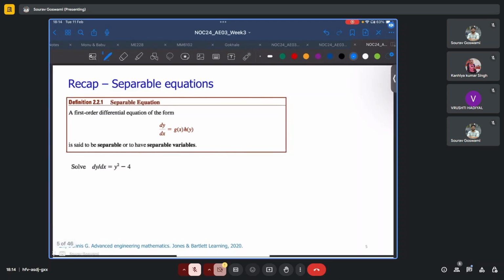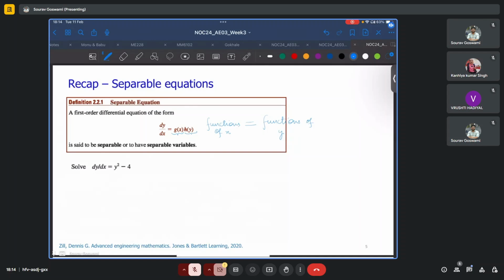It simply arises from the fact that you have two functions, one entirely of x, one entirely of y, and we can bring them on each side such that on one hand you only have functions of x, and on the other hand you only have functions of y, which you can then integrate simultaneously to arrive at the solution. And let us also solve an example of this kind to get more familiar with these types of equations.